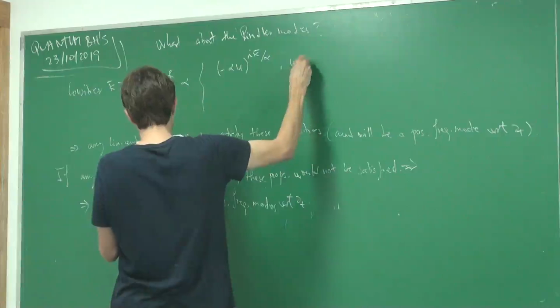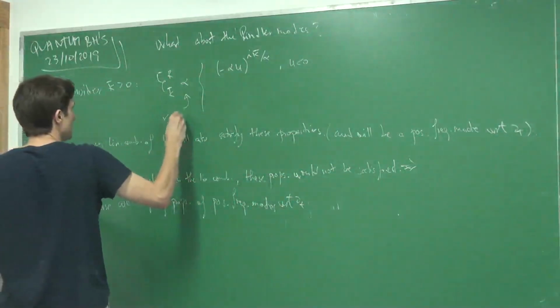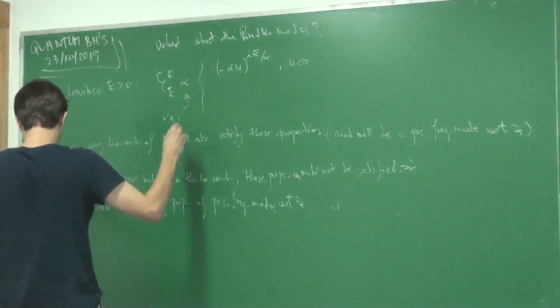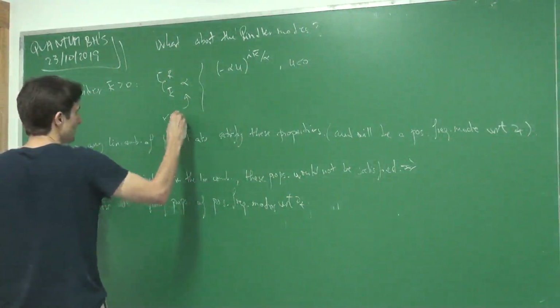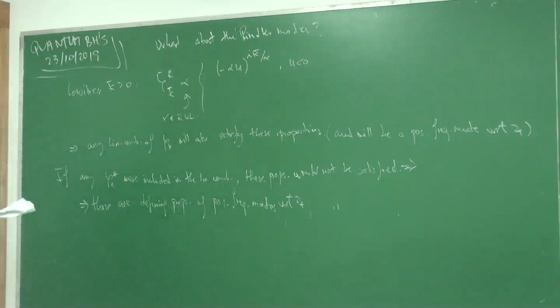For u negative, this is for x in the right Rindler wedge or the left Rindler wedge.